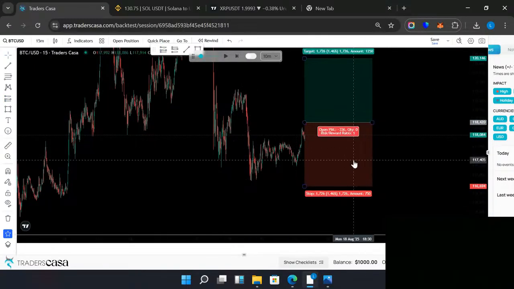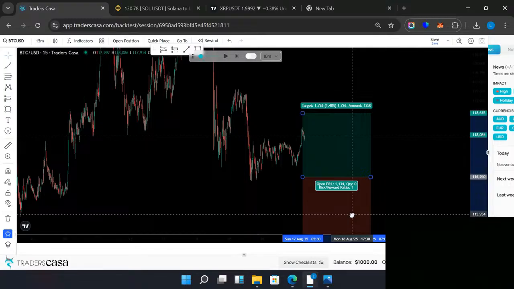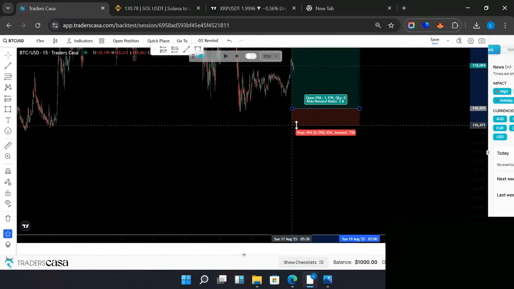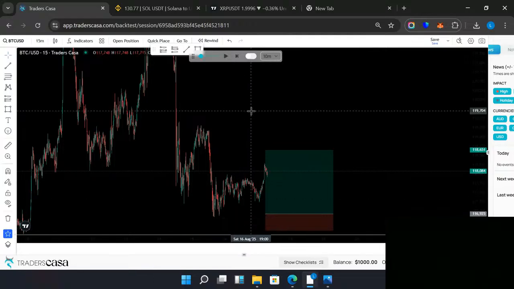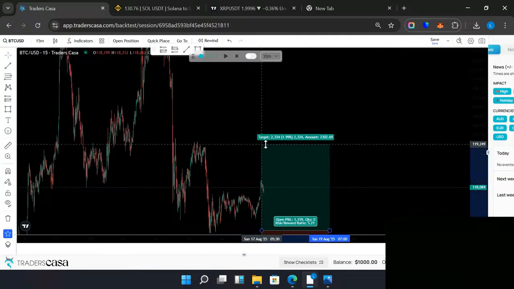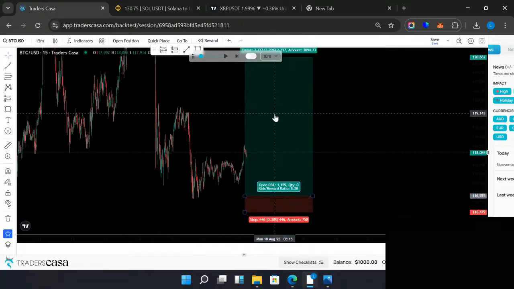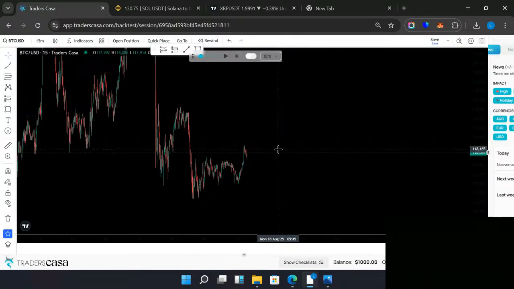If change of character happens over here, I will place my trade right over here. My SL will be this much and my target will be till here or till here. That's a 3% change and 1 to 8, which I hope for.